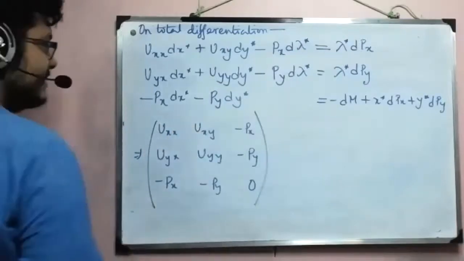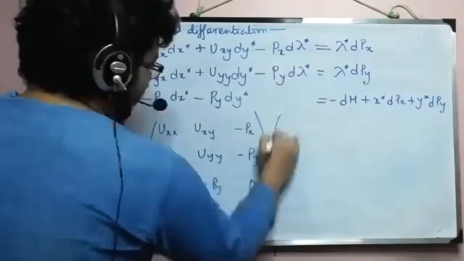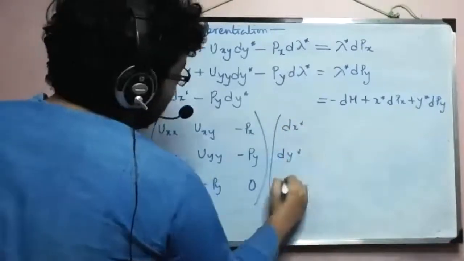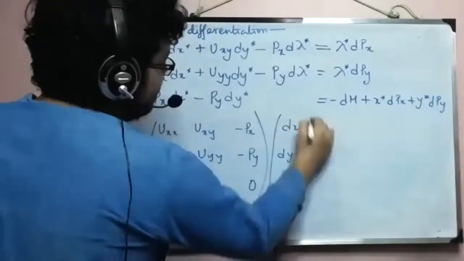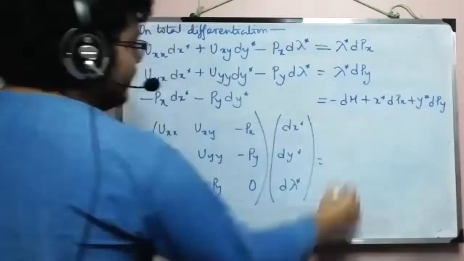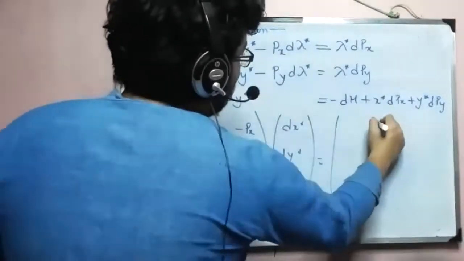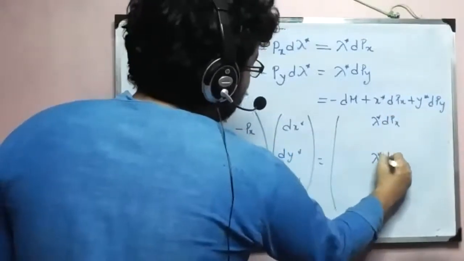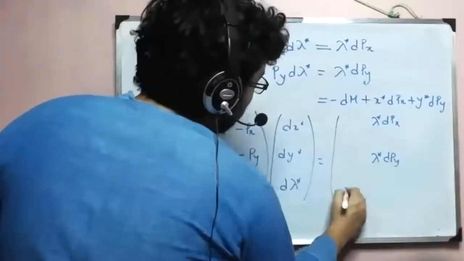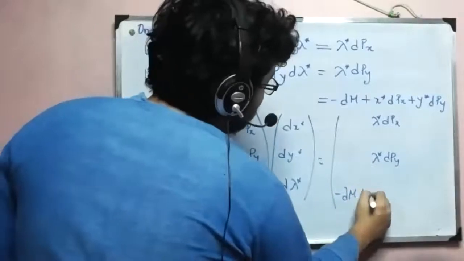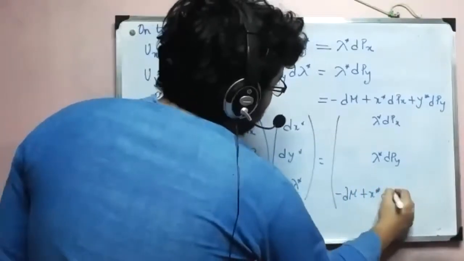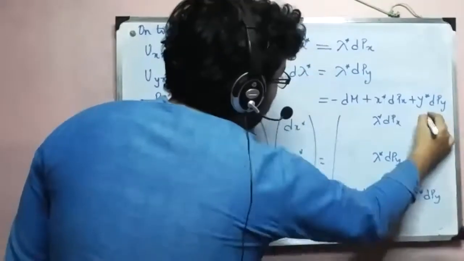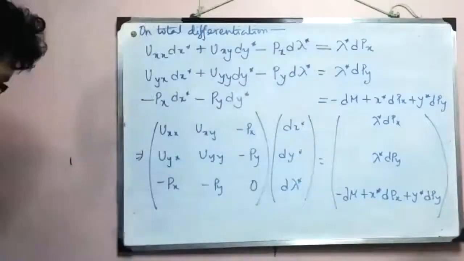Because you know what this is. Okay, so dx star, dy star, d lambda star, and then here lambda star dpx, lambda star dpy, minus dm plus x star dpx plus y star dpy.